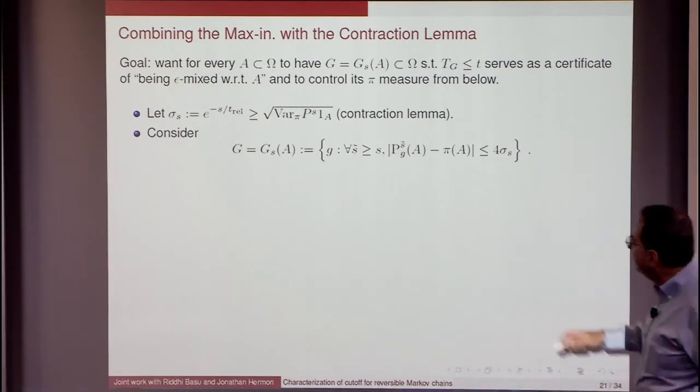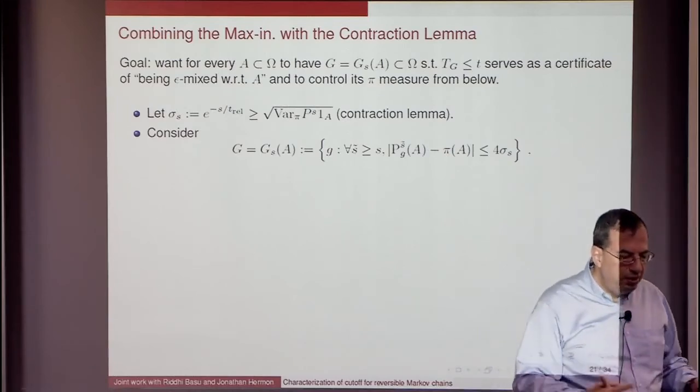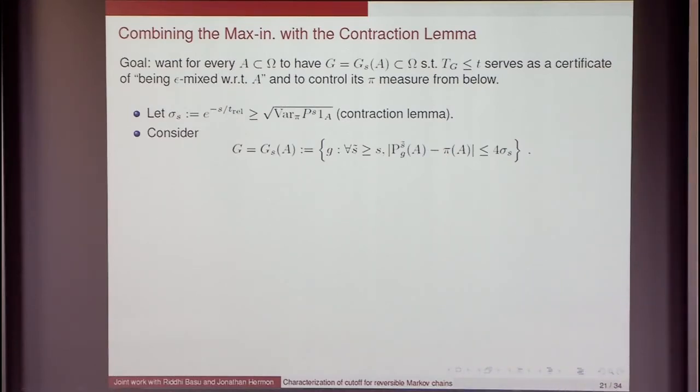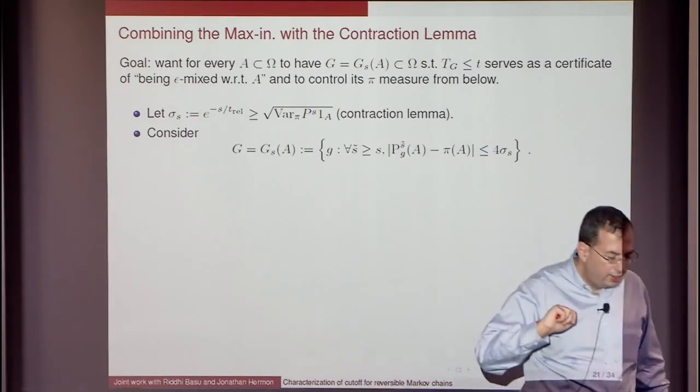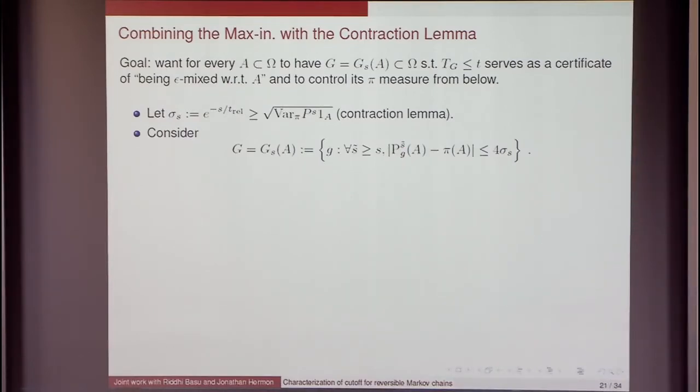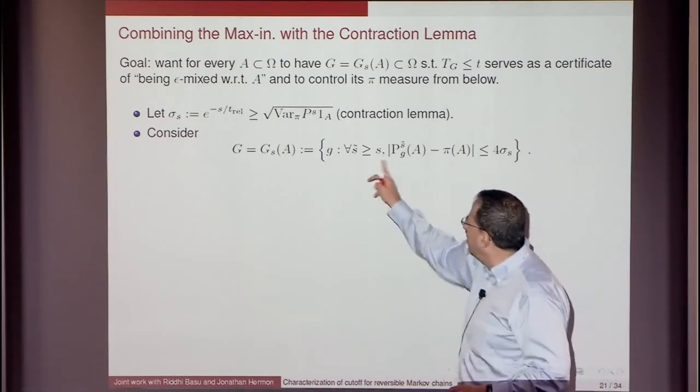If I just had s here instead of s tilde, this would be kind of immediate from the standard spectral theory. But it turns out it's very important that we have this control for all s tilde bigger than s. When I say it would be immediate, what do I mean? If I just had s here, then the set G that I define this way would be huge. It's easy to see. But because of the maximal inequality, this set will still be large when I have this much sharper restriction for all s tilde bigger than s.